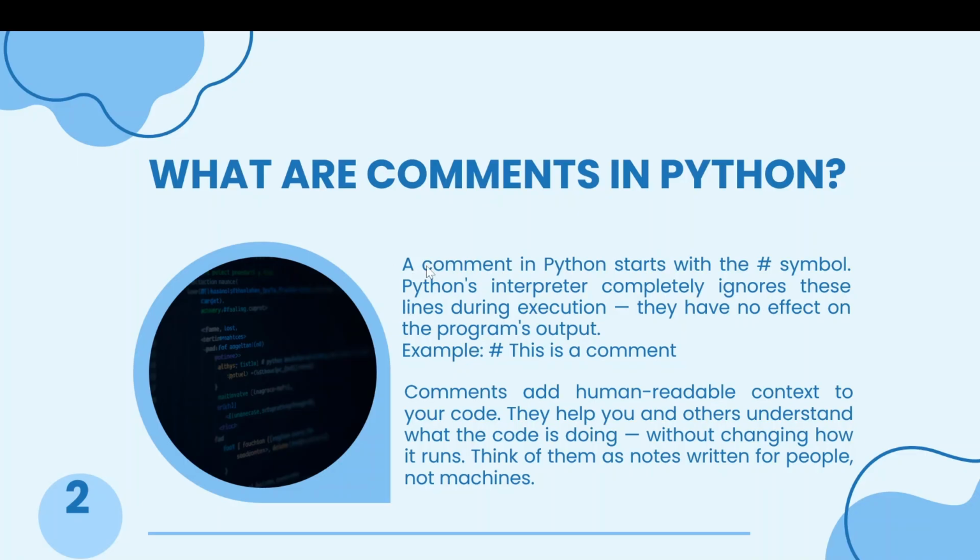So here what we are discussing is that whenever we use a comment in our coding workspace, or wherever we are doing our coding, we write a comment by using this hash symbol. Just a second, I'm going to highlight this one.